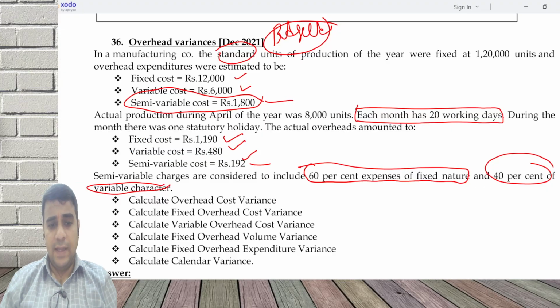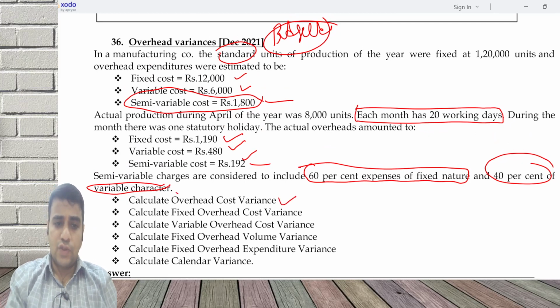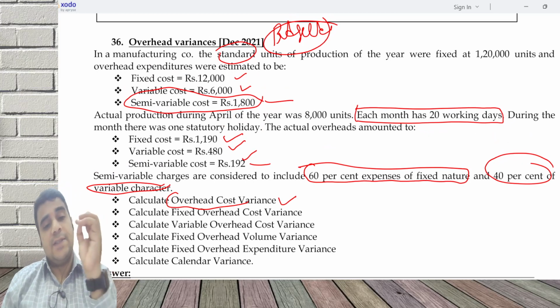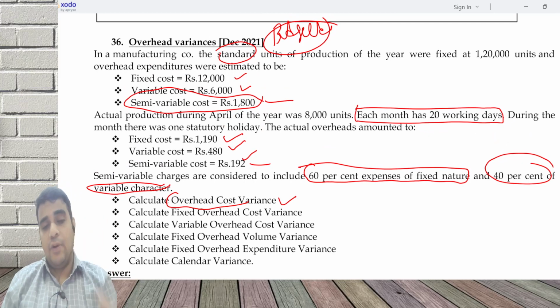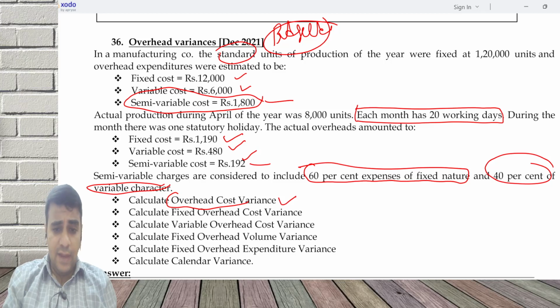Now coming to the variances, let's first look at what variances have been asked. Overhead cost variance. What is overhead cost variance? Fixed overhead cost variance plus variable overhead cost variance. In variable overhead, only cost variance is asked.